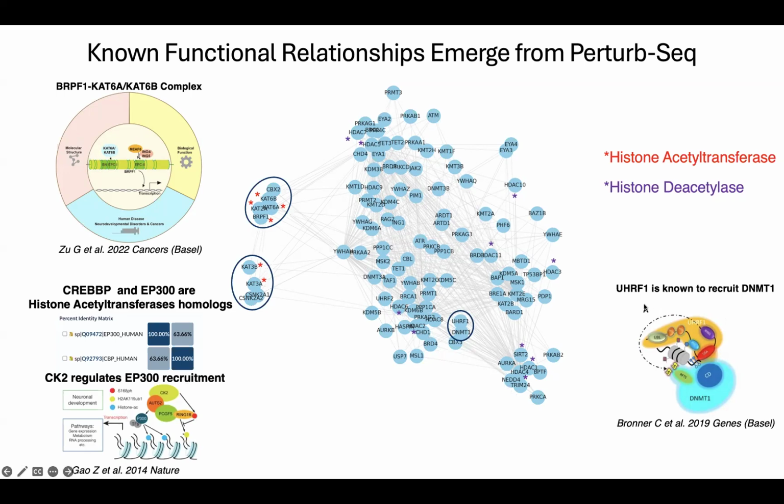In the literature, we know that UHRF1 recruits DNMT1 to DNA to create chromatin modifications. And so it was very validating for us to see in this screen that these two correlate quite well in the Perturb-seq space as well, showing that perturbing these two genes also induces similar phenotypes, which is expected based on the literature, right?